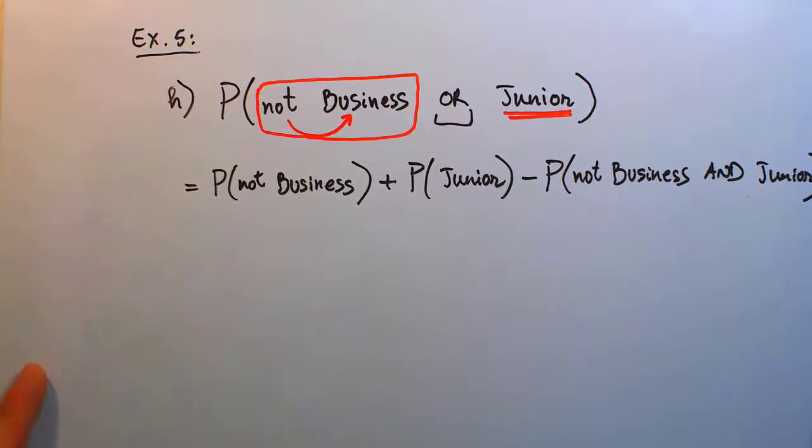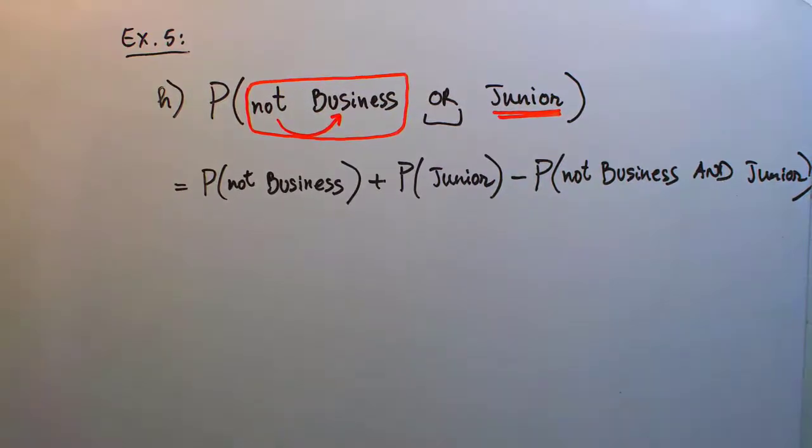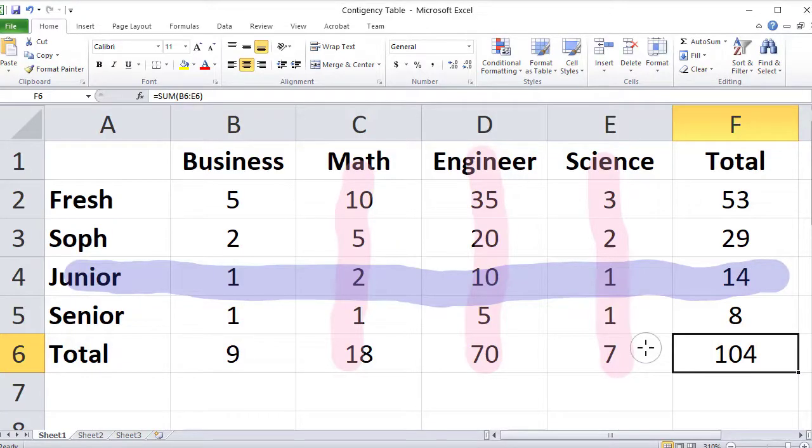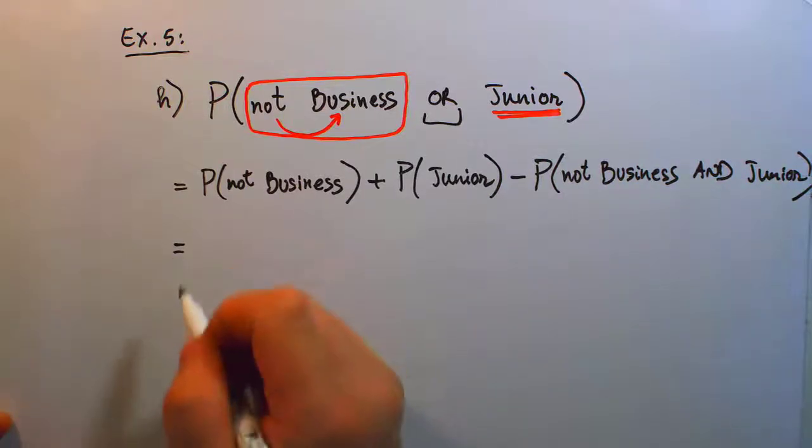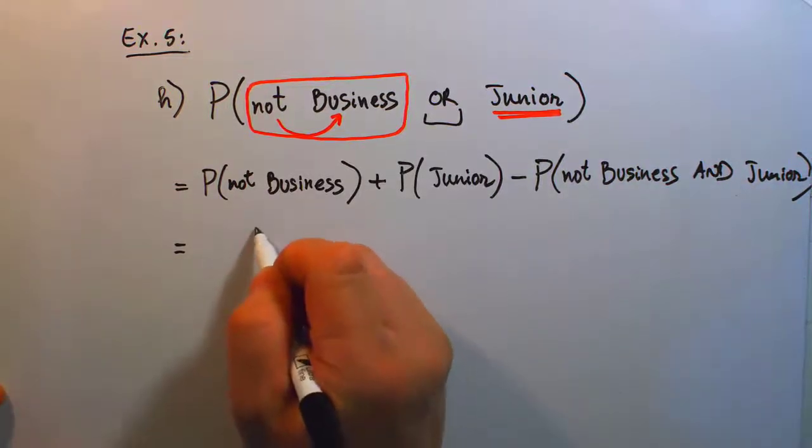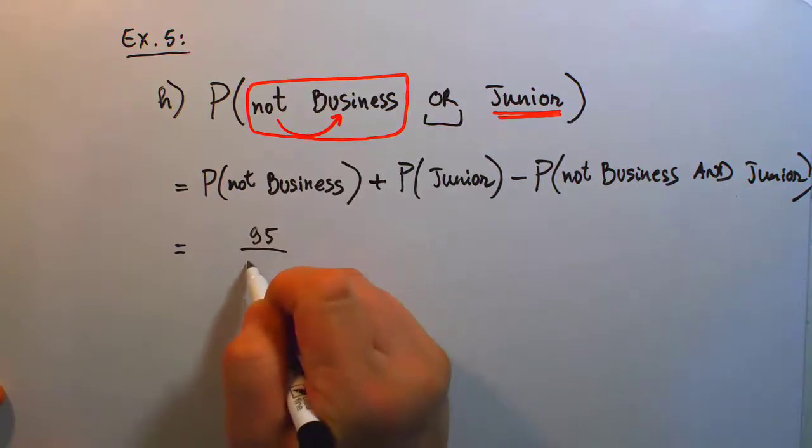All right, and that's how useful the highlighting in my table is going to become for us. For not business, we can simply total up all these column totals with the pink highlights right here. So 18 together with 70, with 7 right here, gives me 95 over 104.